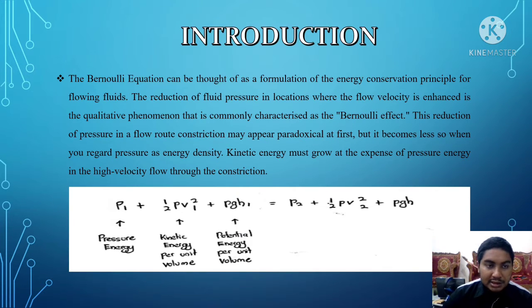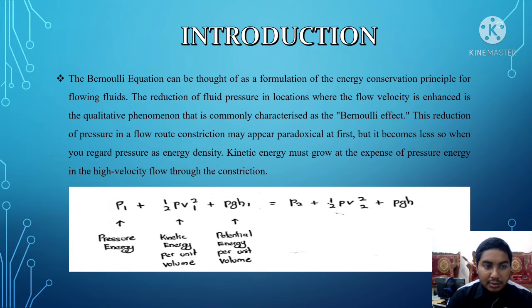So the introduction, that is the Bernoulli equation, can be thought of as a formulation of the energy conservation principle for flowing fluids. The reduction of fluid pressure in locations where the flow velocity is enhanced is the qualitative phenomenon that is commonly characterized as the Bernoulli effect.